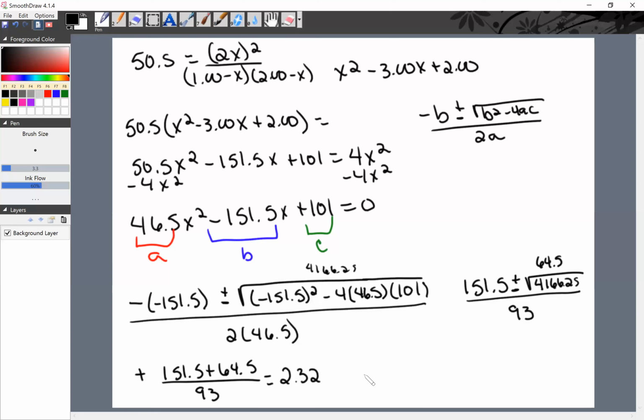The minus variation is 151.5 minus 64.5 divided by 93. Just making sure. All right, that is 0.939.